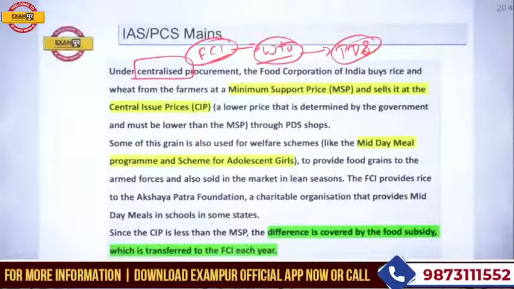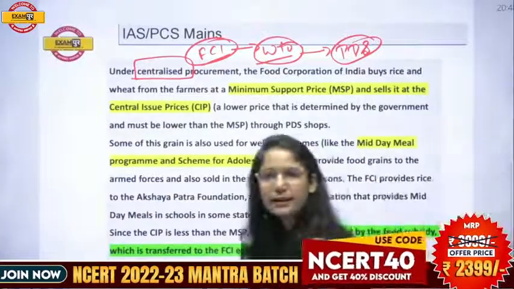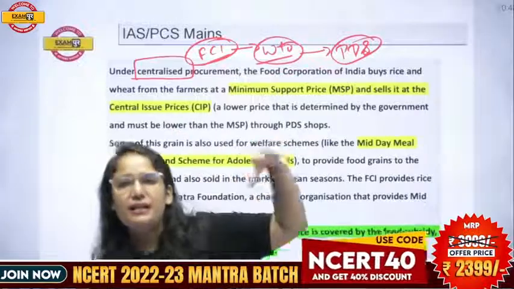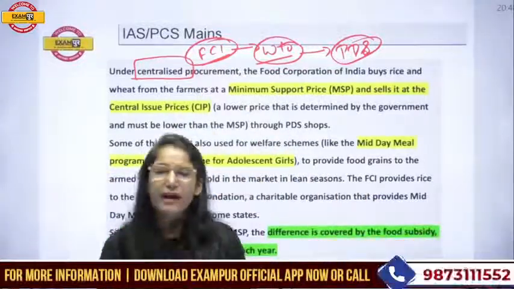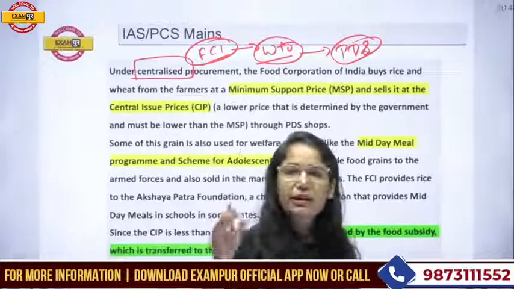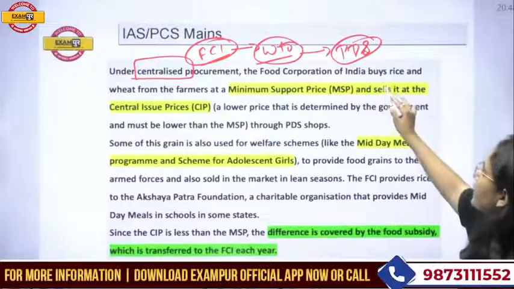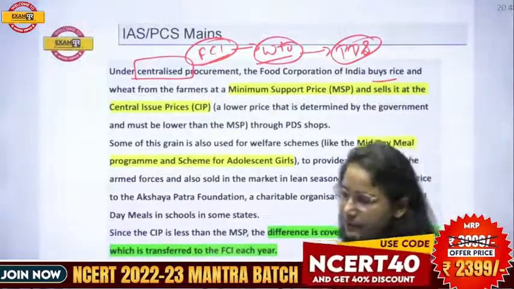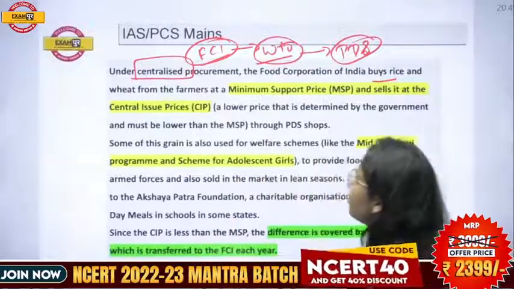Next is all about centralized procurement. Procurement is a wider term. It's a kind of processing that starts from assembling and goes to the level of distribution. It includes many states, many layers or levels. Food Corporation of India buys rice and wheat from farmers at the minimum support price and sells it at the central issue price.